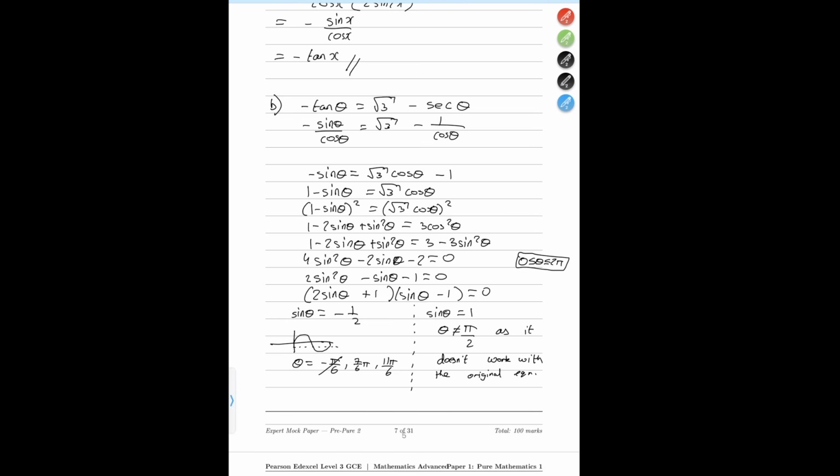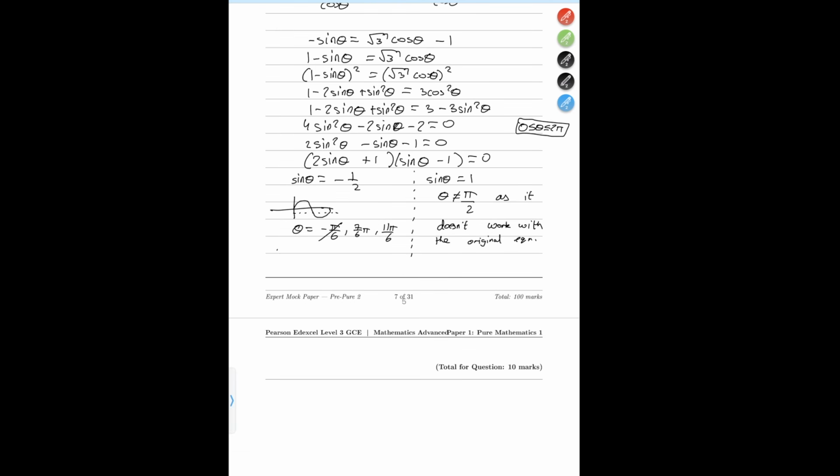Let's try root 3 minus 1 over cosine 7 over 6 pi. And hang on a second, this isn't giving me the same answer. So what does that tell me? That tells me that 7 over 6 pi is also not a solution.